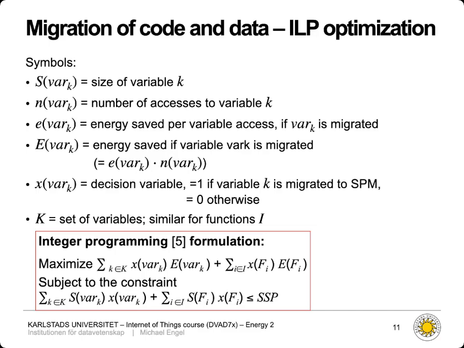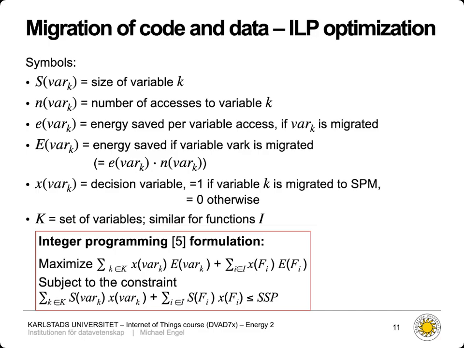This is just the energy per variable access times the number of accesses to this variable. Finally, we have a decision variable x for a variable k, which is just an indicator. If our variable is currently in the SPM, then it's 1, and otherwise it's 0. And k is just our set of variables, which means we look at all the variables in our program.